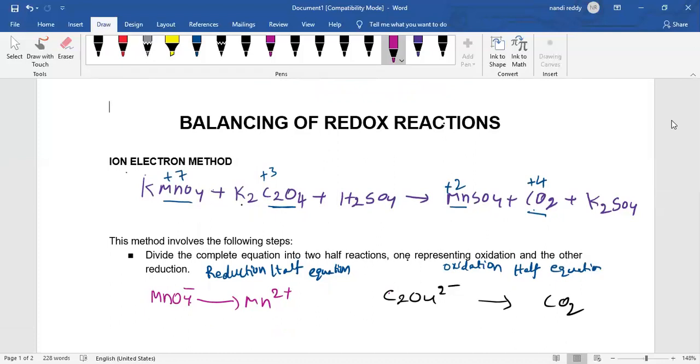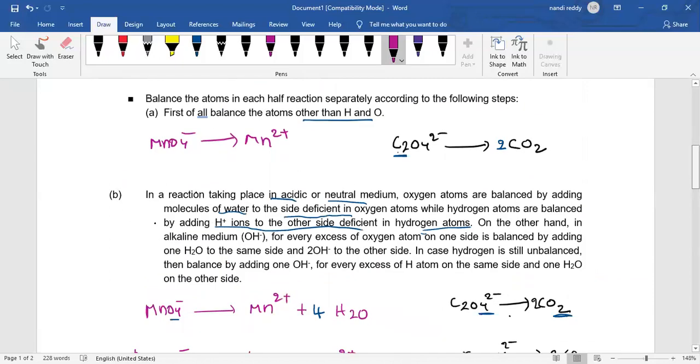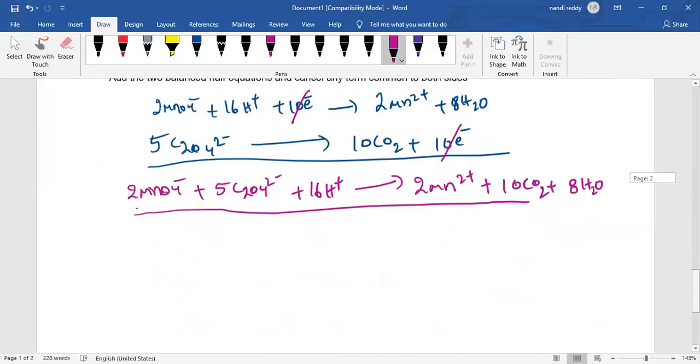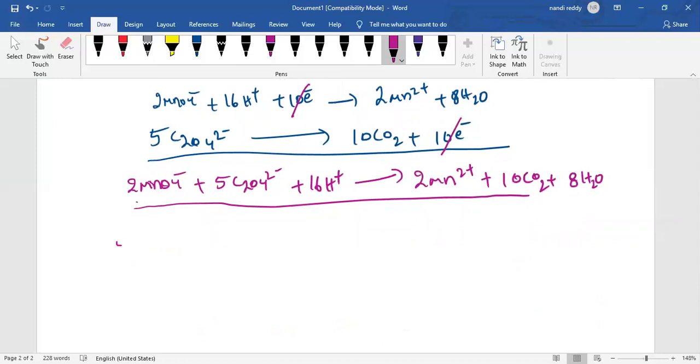Is it clear? I am going to take in front of whatever number is there for MnO4 and K2C2O4, we are going to add, you can see here. I am going to compare that. So 2 KMnO4, comparing with the original equation.